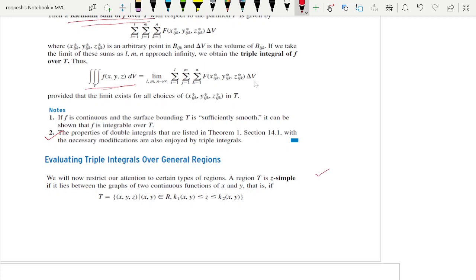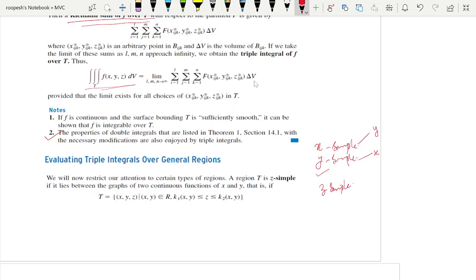General regions means previously we had x-simple and y-simple regions, which we defined in the double integration classes. There, x-simple means x should be a function of y, and y-simple means y should be a function of x. Here we have a z-simple region also.